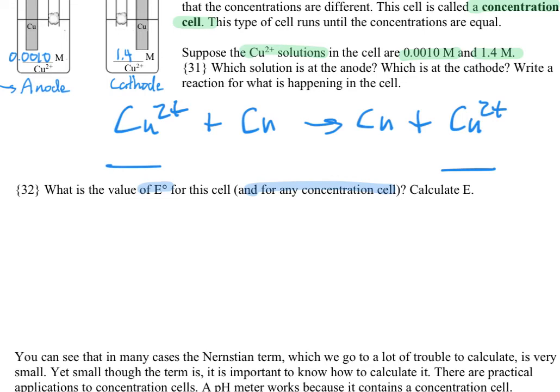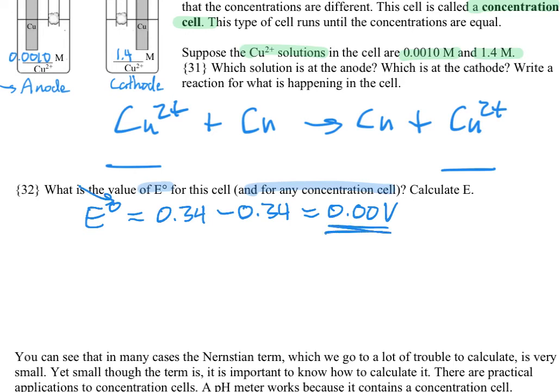If we were at standard state conditions, the E0 for the copper, the specific numbers would be 0.34 minus 0.34. So for any concentration cell, the standard cell potential is 0 volts. A standard state concentration cell doesn't do anything.